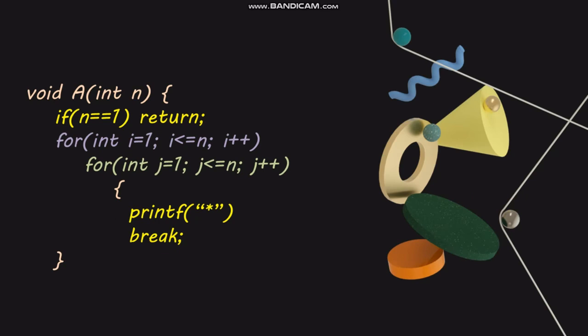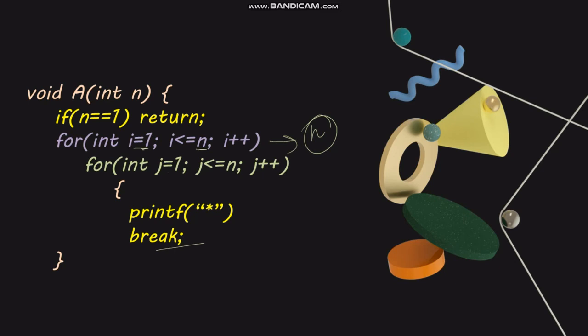Taking the last problem, we can see here that we have a code with a condition: if n equals 1, we have to return, and then there are two loops. For this loop, it is very clear that this will have n iterations starting from 1 to n. The running time for this loop is n. However, if you look at this particular loop, the contents of this loop say that we need to print f and then break.